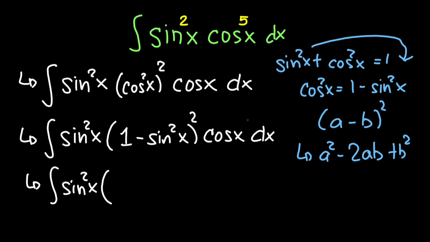So a here is 1 and b here is sine squared of x. By the formula, this would be 1 squared, which is simply 1, minus twice multiplied by a, which is 1, and b, which is sine squared of x, plus b squared, which is sine squared of x raised to the power of 2, which is sine to the power 4 of x. And copy the rest first.